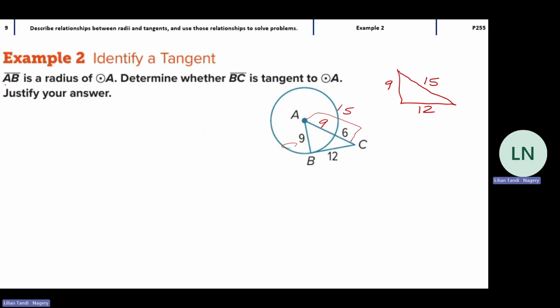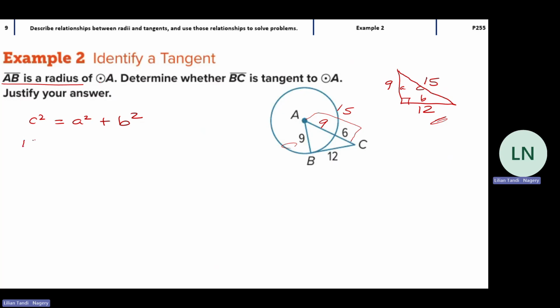What does the question want? The question has told you AB is the radius of circle A, and it wants you to determine whether BC is a tangent. For BC to be a tangent, we must check using Pythagoras theorem. So we write C squared equals A squared plus B squared. This will be my A, this will be my B, this will be my C. I am assuming that is a 90-degree angle.